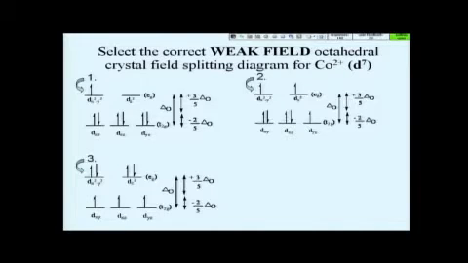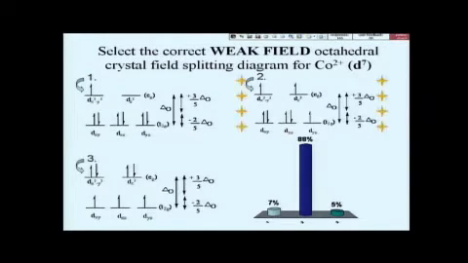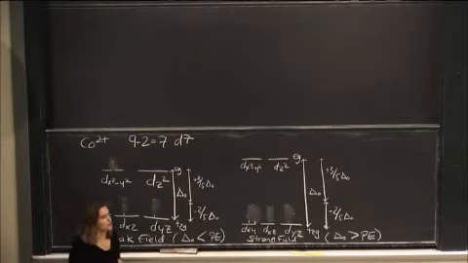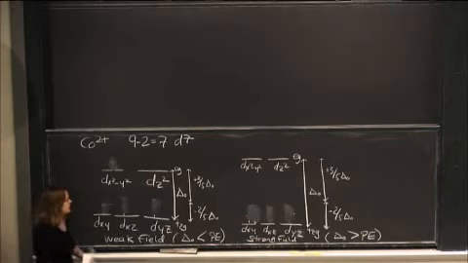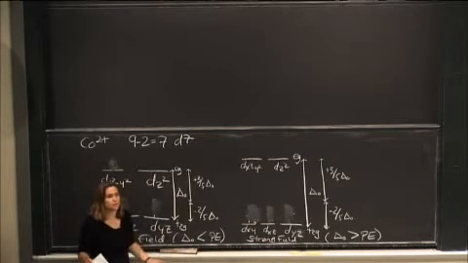OK, let's just take 10 more seconds. OK, very good. So this is the weak field case. In this case, we are going to fill up singly all of the orbitals because the splitting energy is less than the pairing energy.